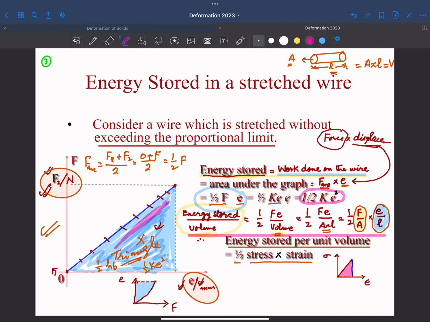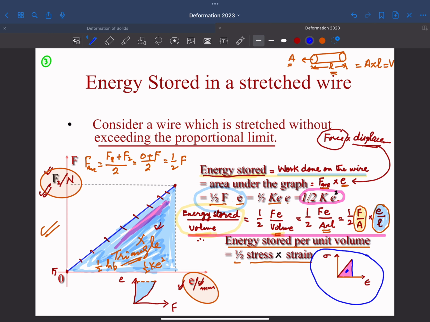So when the graph is along stress and strain like this, the area under the curve, as I have drawn with pink color, will be the energy stored per unit volume. Be careful of this explanation, and it is very important to understand how we get this area under the curve and what the deformation will be.